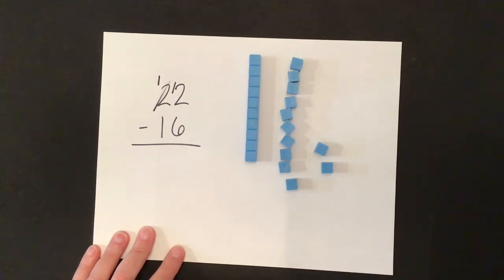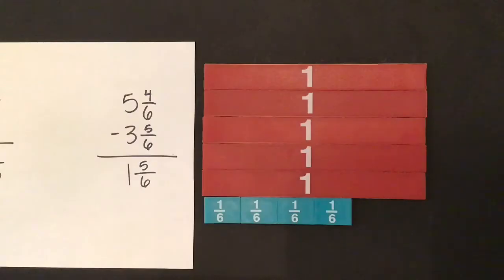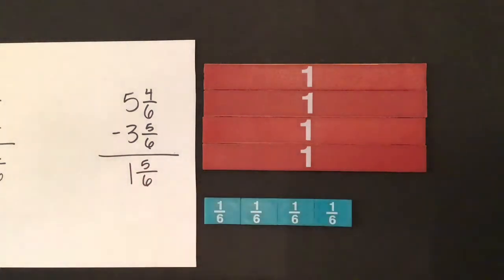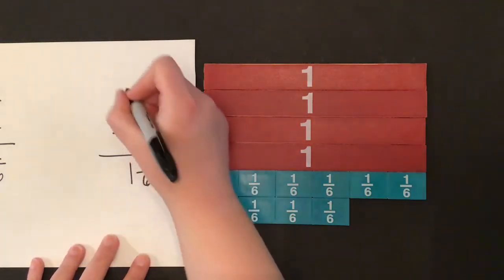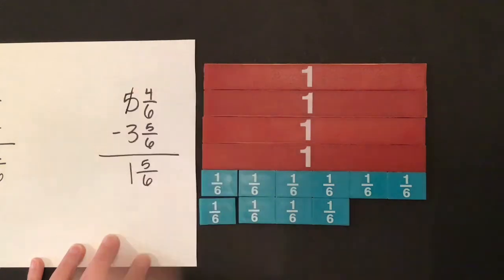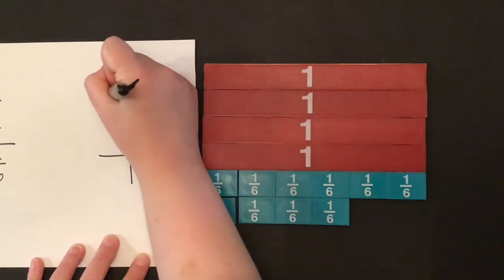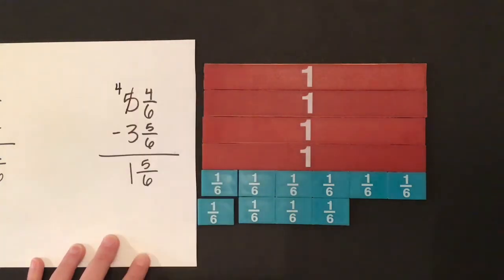That's exactly what we did earlier with our mixed numbers. We traded out the whole for the 6 pieces. So we're regrouping. So over here, when we swap out the 1 whole with 6/6, we can show that we've regrouped by crossing the 5 wholes out and now showing that we only have 4 wholes.